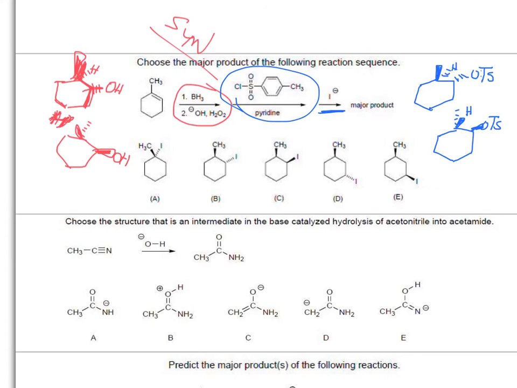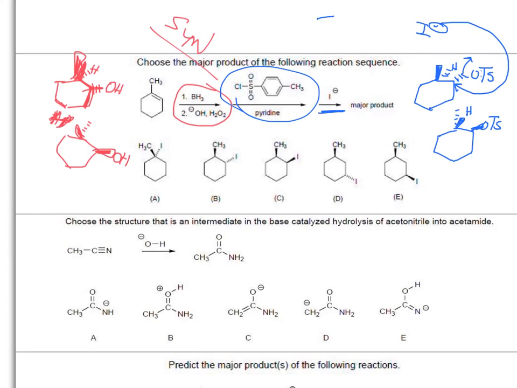SN2 reaction. And so when the I minus attacks, the I minus is going to come from a direction opposite of your tosylate. So as tosylate leaves, your I minus and methyl are going to be pointing in the same direction.